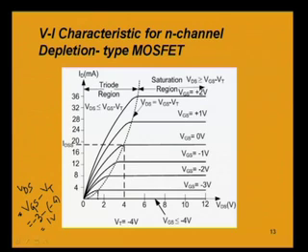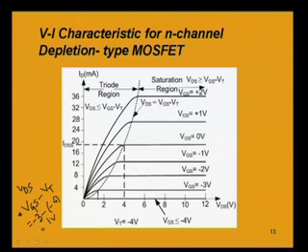Similarly, if we go on increasing the gate to source voltage, if now gate to source voltage is minus 2 volt, then the saturation value of the drain to source voltage will be minus 2 minus threshold, minus 2 minus minus 4, that means minus 2 plus 4, that is 2 volt. So, around 2 volt we will have the saturation occurring. That means after this value, even if you go on increasing the drain to source voltage, the current between drain to source is not going to increase, it will become saturated. So, similarly we can carry on.